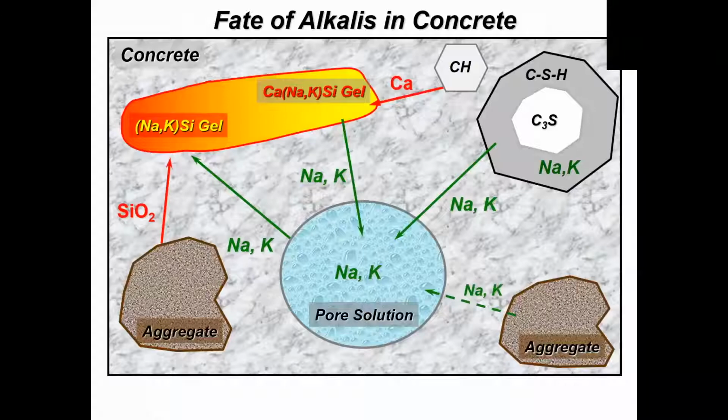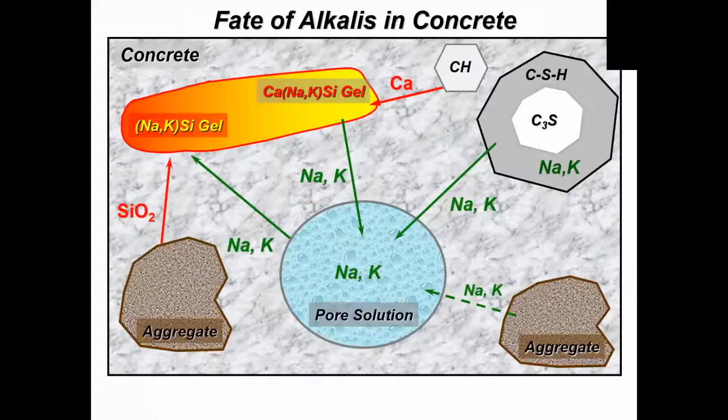So what we really need, to be able to test a specific mix for ASR, is to look at a closed system where all of this can go on, where we're not adding alkalis and not removing alkalis from the system, but we're still providing additional moisture. That's the challenge: to provide additional moisture without promoting either leaching of alkalis from the system or providing alkalis to the system.